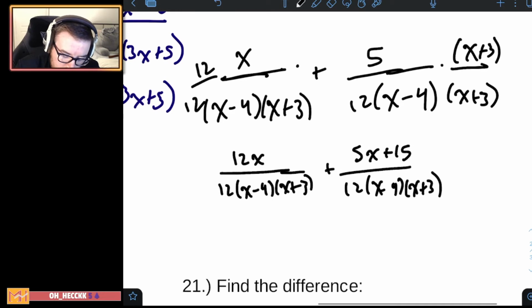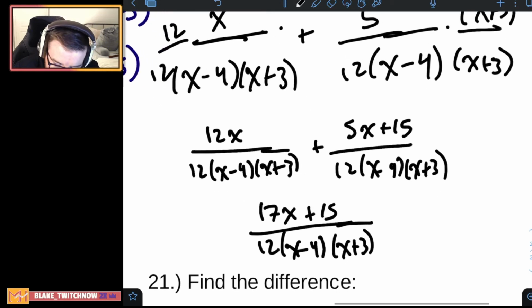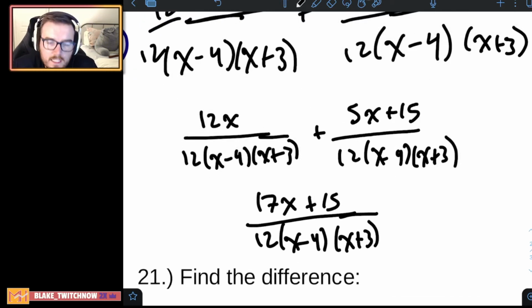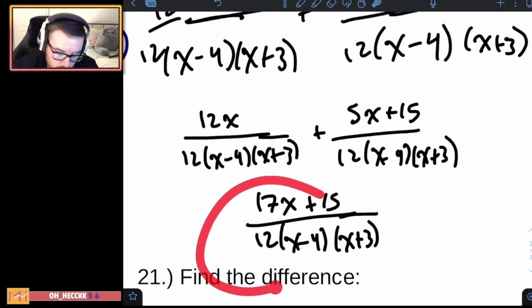Combine like terms, the 12x and the 5x make 17x plus 15 all over 12 times x minus 4, x plus 3. Is there a GCF for 17 and 15 that we can factor out? No. Is there anything in common as we're staring at it right now? No. We're done.